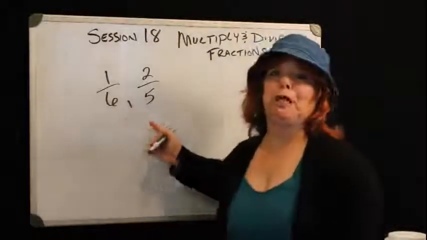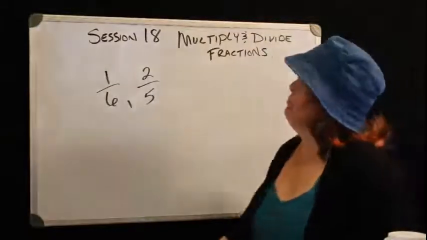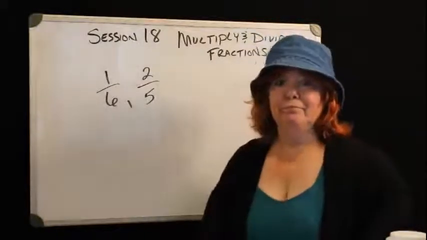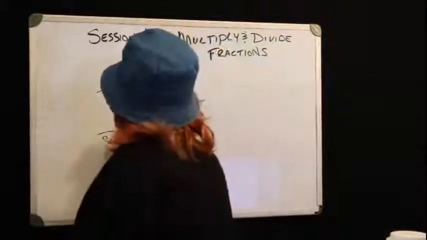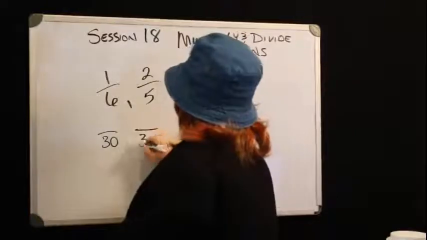What you do is you multiply them together. 6 times 5 is what? 30. Okay? So I'm going to put 30 here. 5 times 6 is 30. All right.